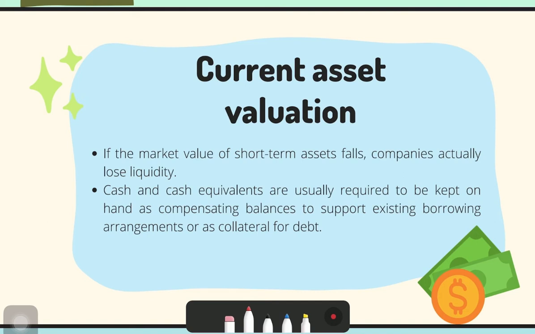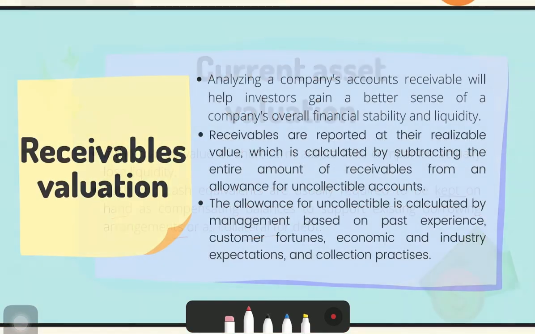If the market value of the short-term asset falls, companies actually lose liquidity, and that's why cash and cash equivalents are usually required to be kept on hand as a compensating balance to support existing borrowing arrangements or as collateral for debt.